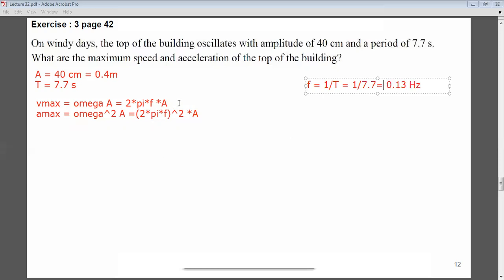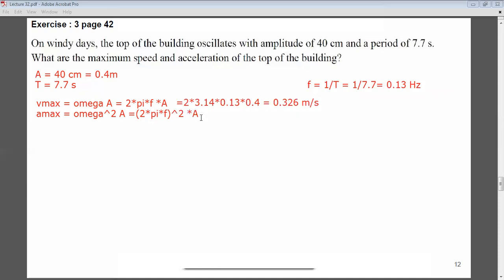So now V maximum is equal to 2 times pi, which is 3.14, times f, which is 0.13, times the amplitude, which is 0.4. This is 2 times 3.14 times 0.13 times 0.4, which is 0.326. The unit for speed is meter per second.